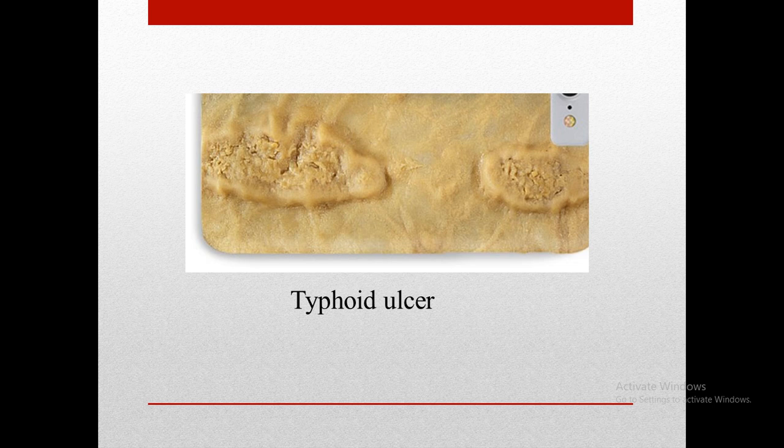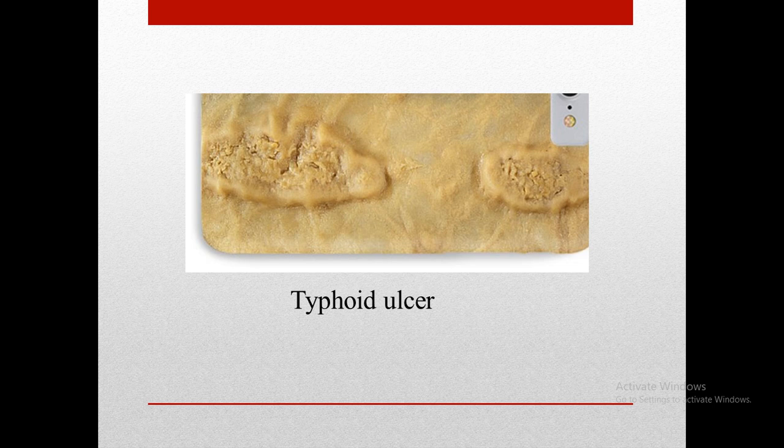Now this is part of ileum, small intestine, and we cut it longitudinally like this, and on cut section we have ulcers. These ulcers are longitudinally oval, with the long axis of the ulcer the same as the long axis of the ileum, not like this. So this is characteristic of typhoid ulcer.